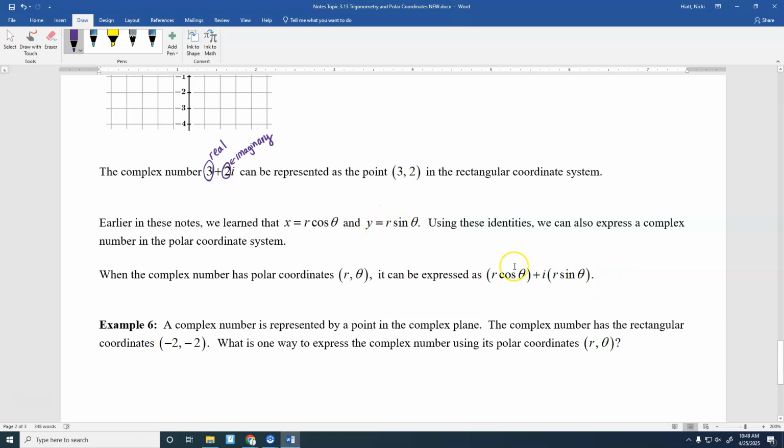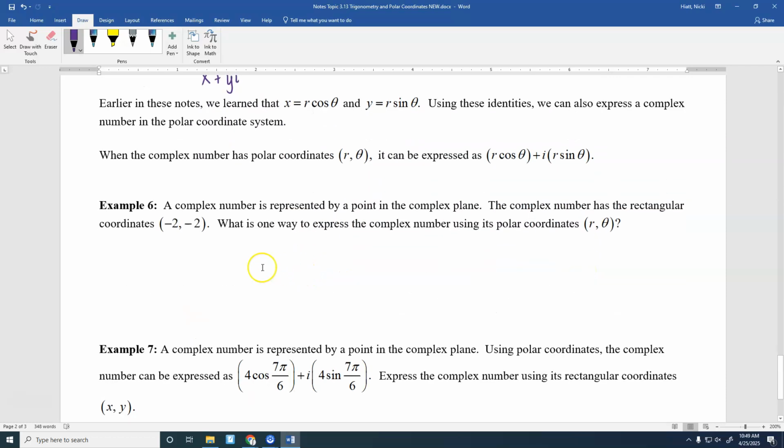So like your y coordinate here, where you can almost think of right here where we've got 3 plus 2i. This is like your x plus y times i, sort of what you're graphing there. So if we replace x with r cosine theta and y with r sine theta, now we can also do this with complex numbers.